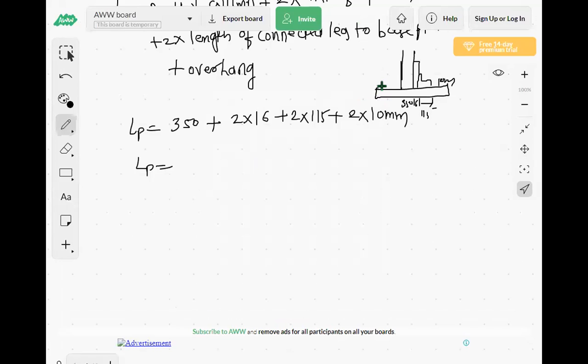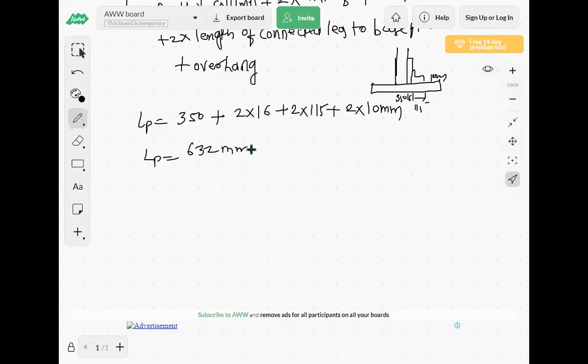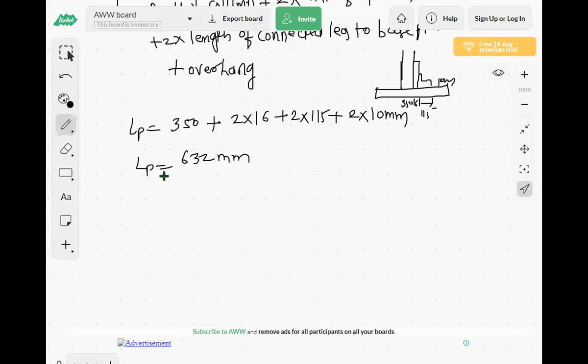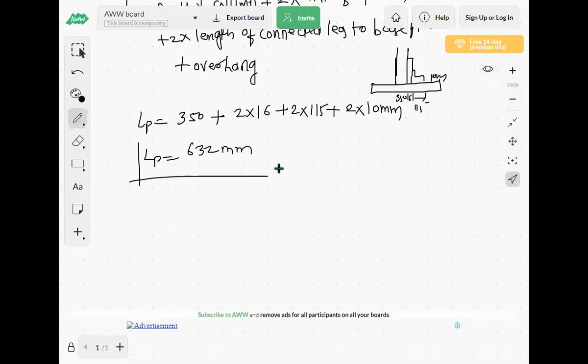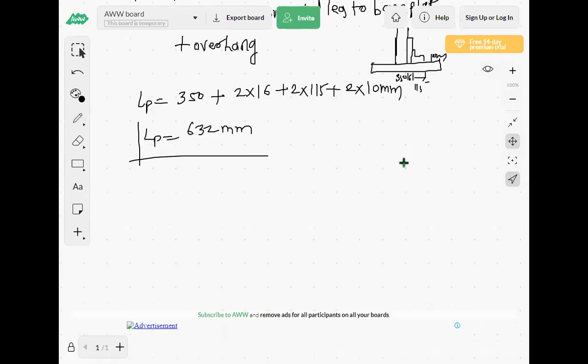Yes, 632. 632 mm. Correct. 632 mm will be the length of plate. Are you getting? So you will get the length of plate by calculation.